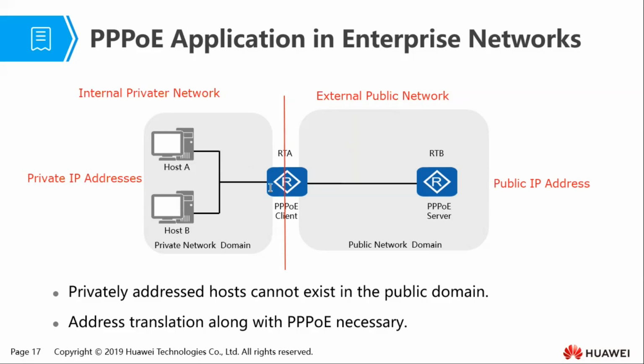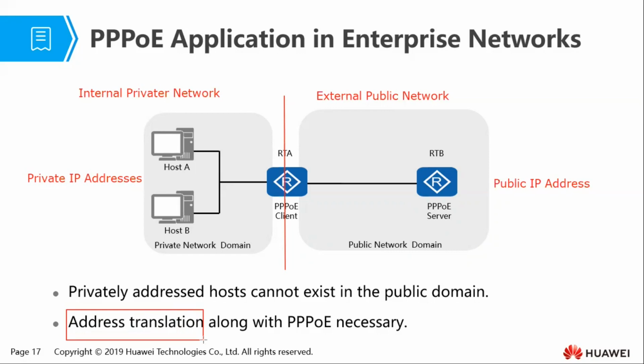So for that purpose, at your boundary, that is your router, which is acting as the PPPoE client, it needs to do what we call address translation, also called NATing, or network address translation.